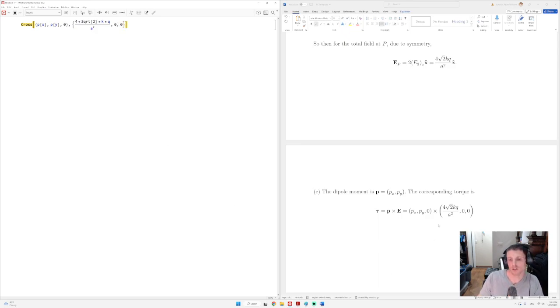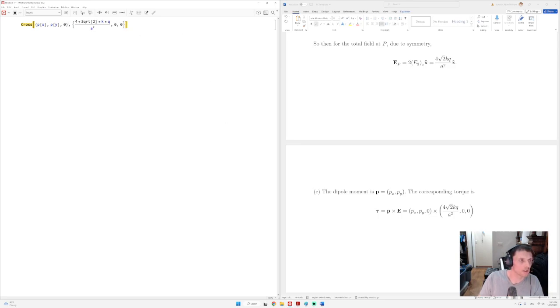So let me just remind you one more time. For the cross product to really work, I have to force these vectors to be 3-dimensional, and it's pretty simple because I just write 0 for the z component, right?